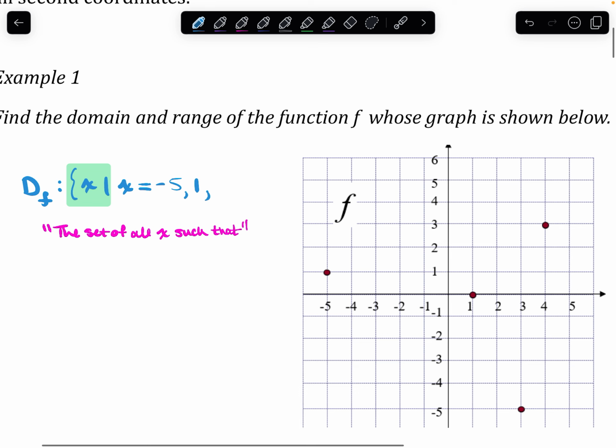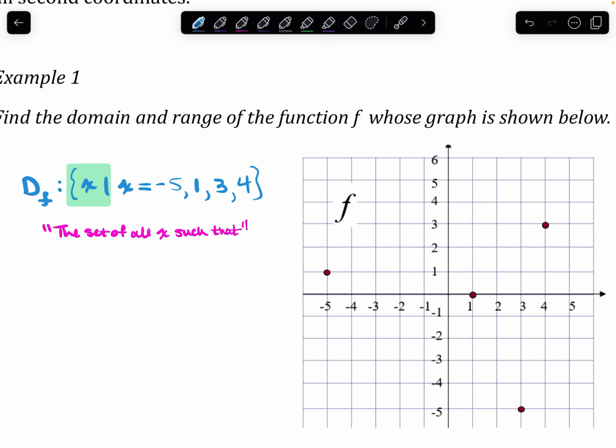Keep moving, then we hit the x value 3, comma, and finally the x value 4, and that is the end of the x's we're allowed to take on. Then you close your set, or close your squiggle. So the domain of f is the set of all x such that x can equal -5 or 1 or 3 or 4. There are no dots anywhere else.